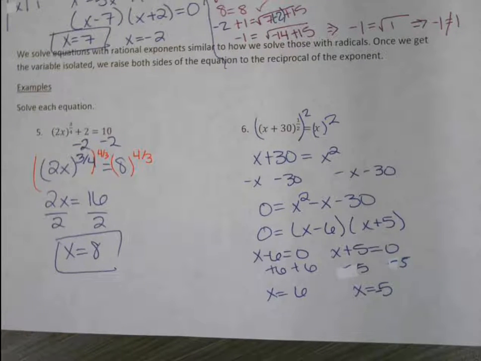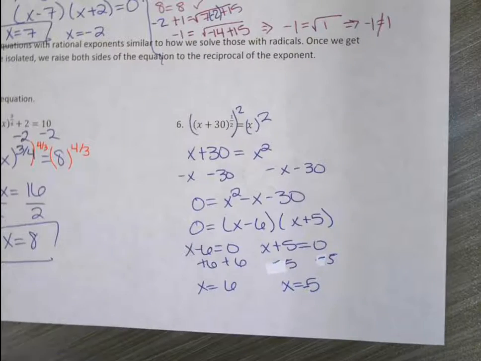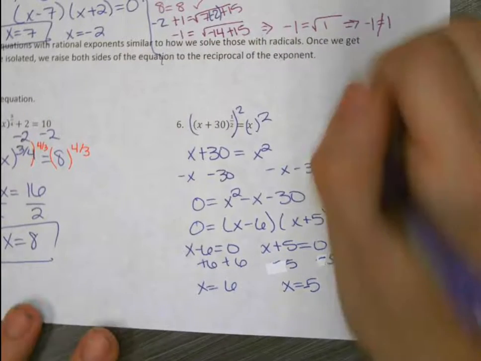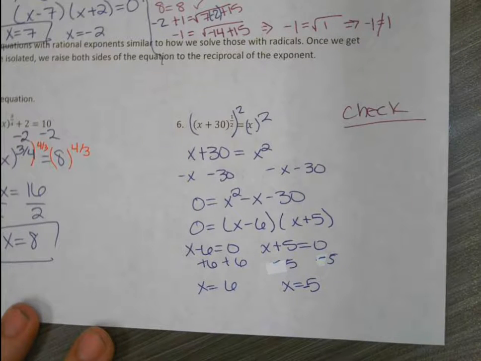Okay. So, because I got 2 answers, this is when I want to check my answers. Anytime I get 2. Okay, which one do you want me to check first? 6, okay.